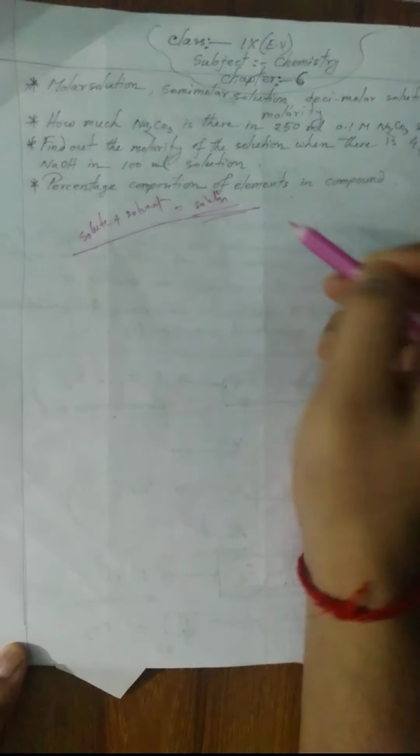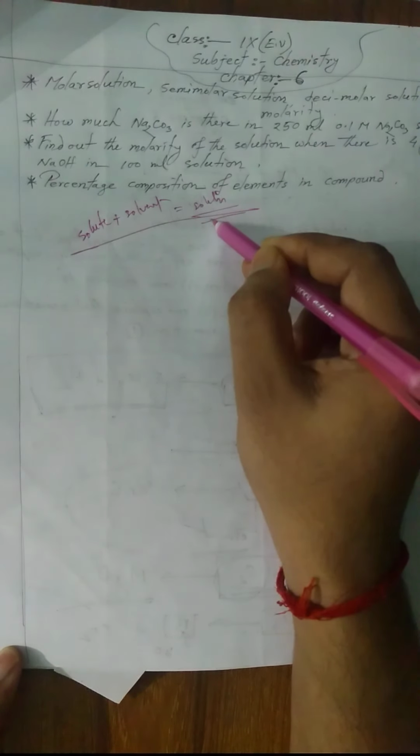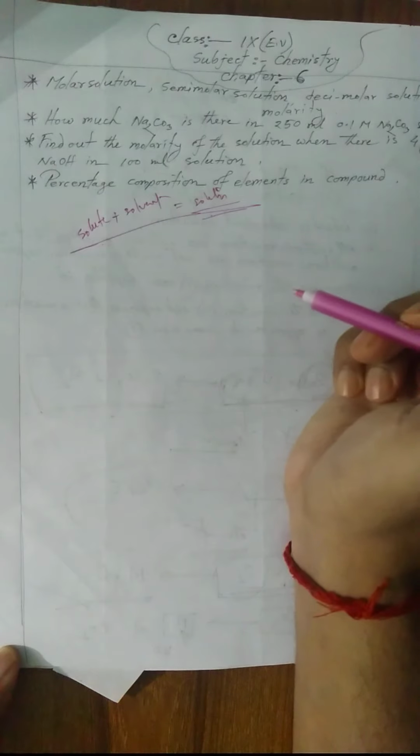So solute, the substance which is dissolved in solvent. And what is solvent? The substance in which solute is dissolved. And solution is the mixture of solute and solvent.